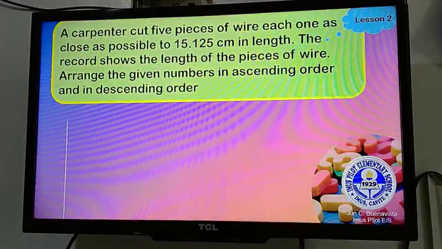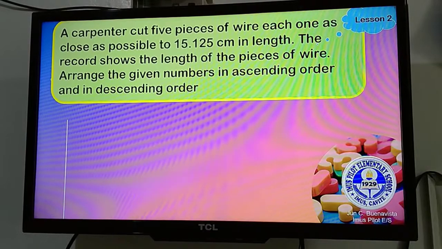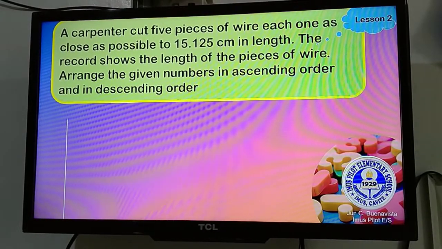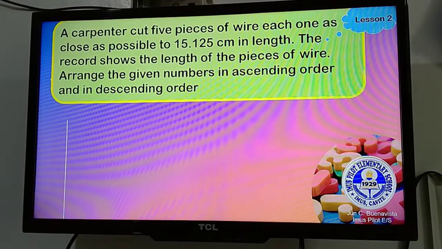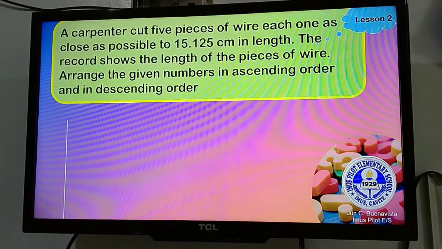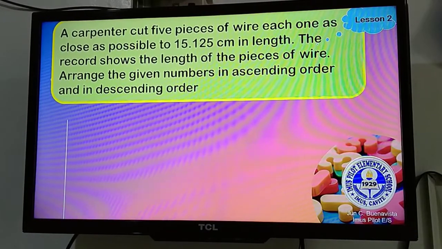Let's have this problem. A carpenter cut 5 pieces of wire, each one as close as possible to 15 and 125,000 centimeter in length. The record shows the length of the pieces of wire. Arrange the given numbers in ascending order and in descending order. When we say ascending order, from smallest to highest, while descending order is from highest to lowest.